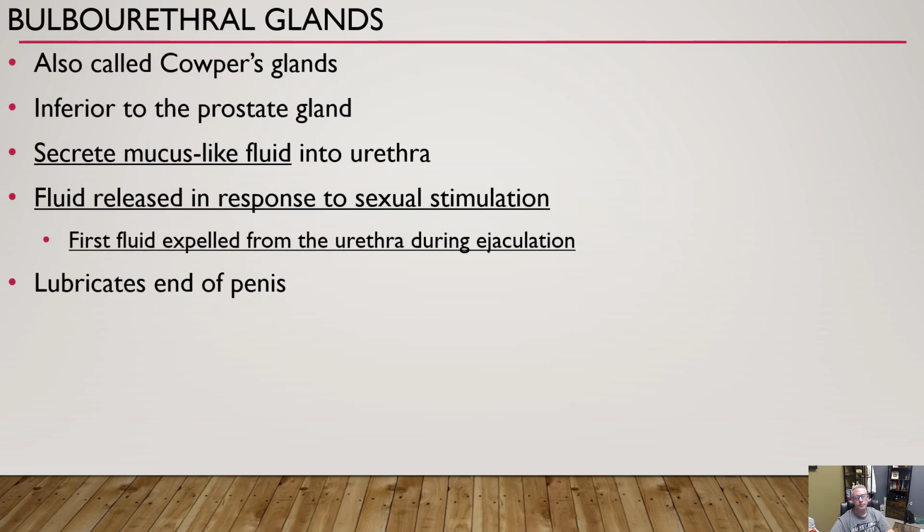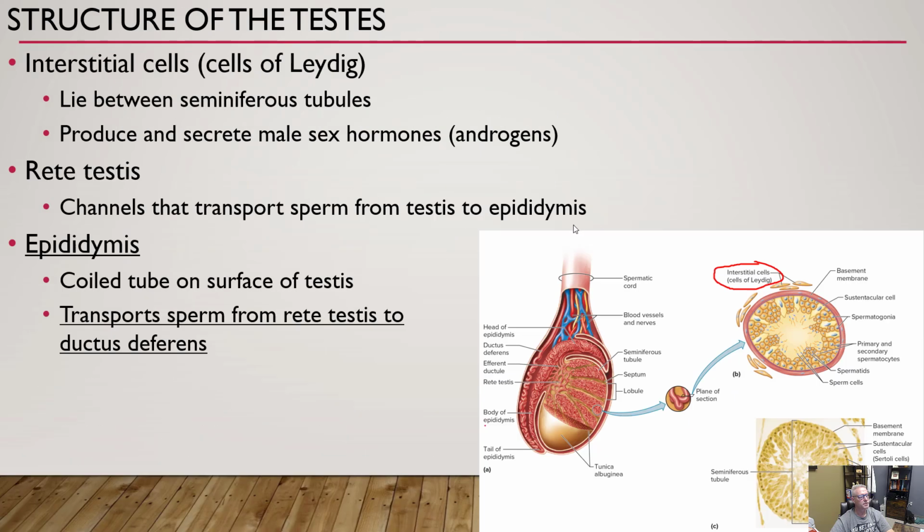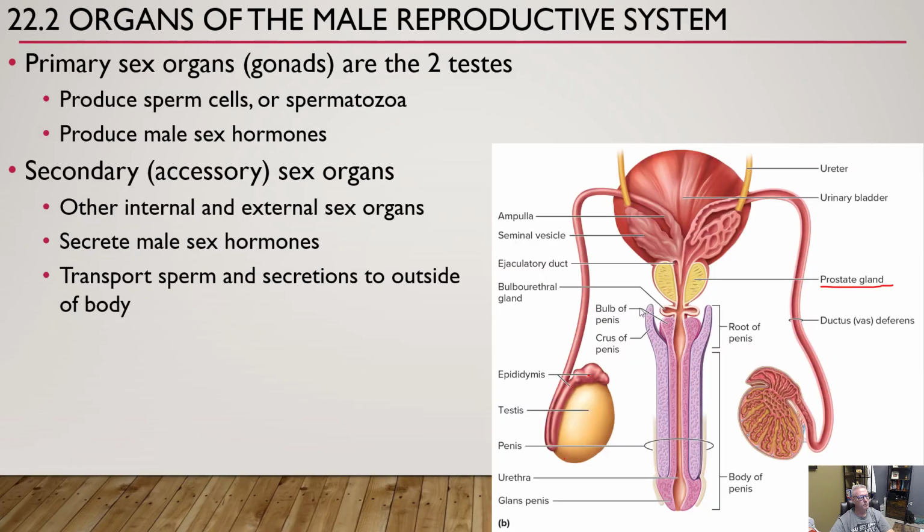So bulbourethral glands, they're also called Cowper's glands. They lie below the prostate gland. Right here, the bulbourethral glands.